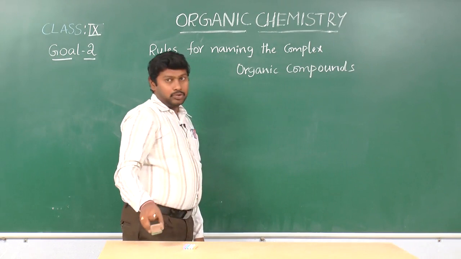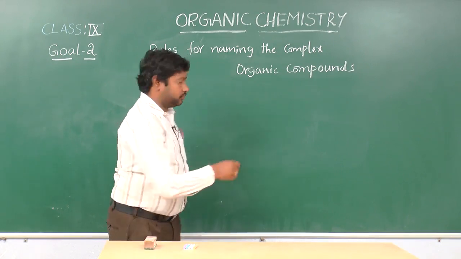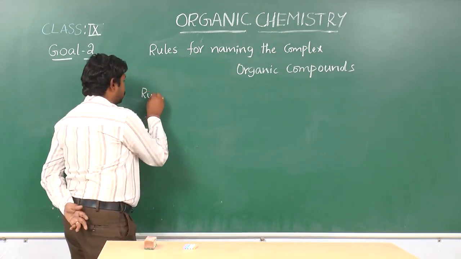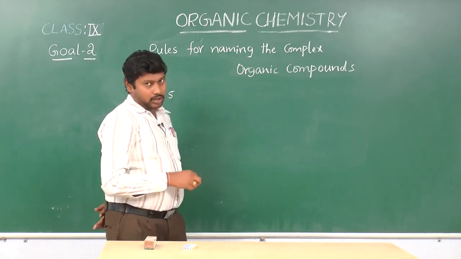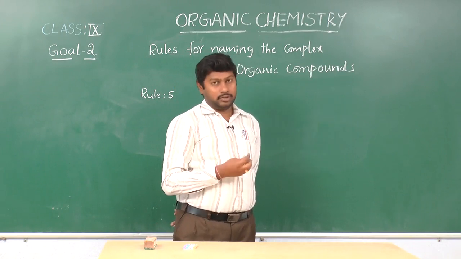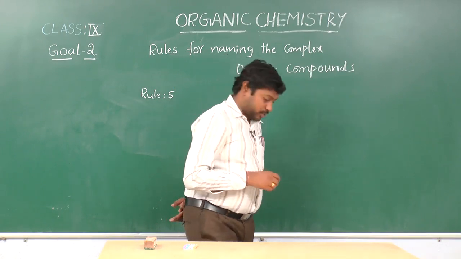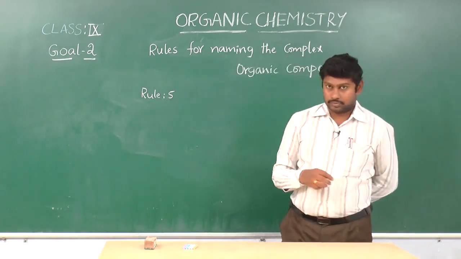And the next rule is rule 5. Alphabetical order of the chains or substituents. Here, alphabetical order of the side chains.